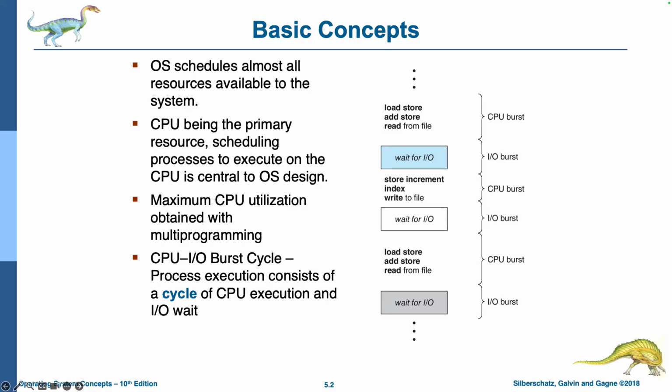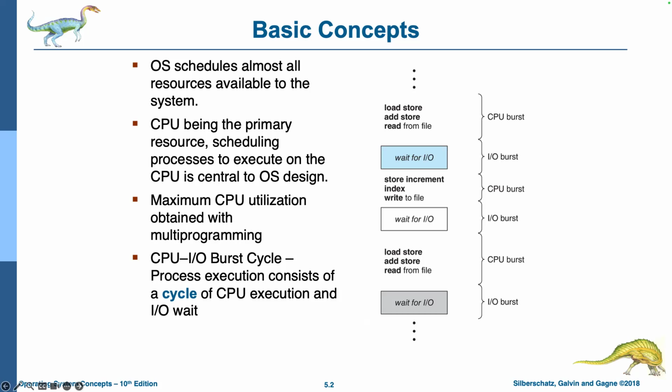That needs scheduling. So the basic concepts. I remember we discussed this before. So the CPU burst: loading, store, and CPU. The operating system is scheduling almost all of the resources of the system.